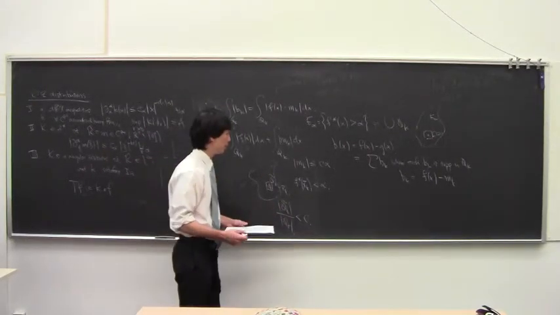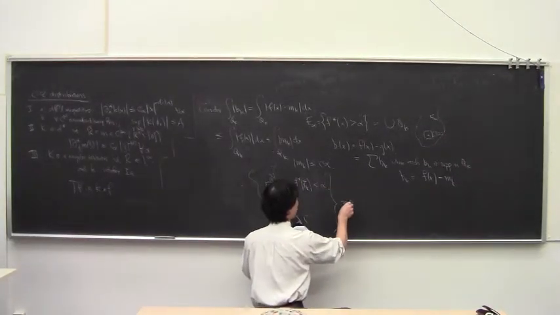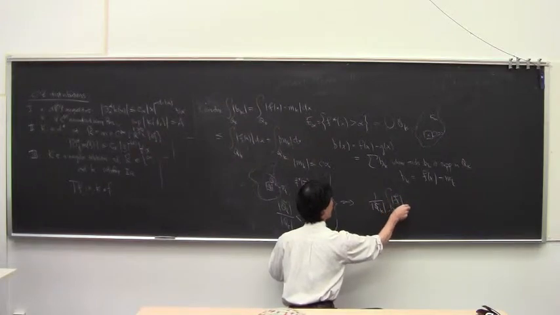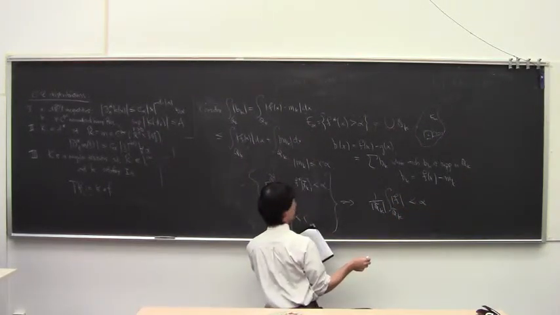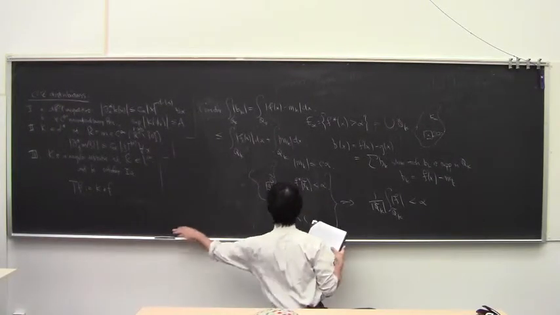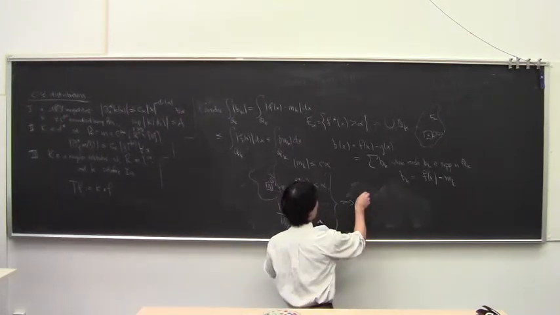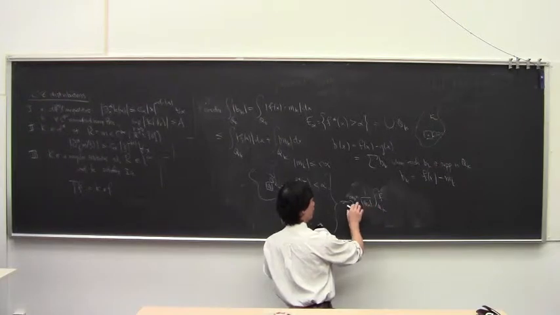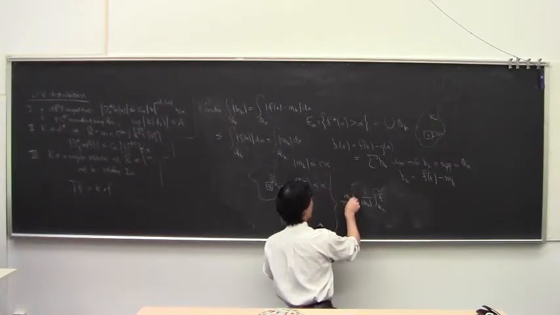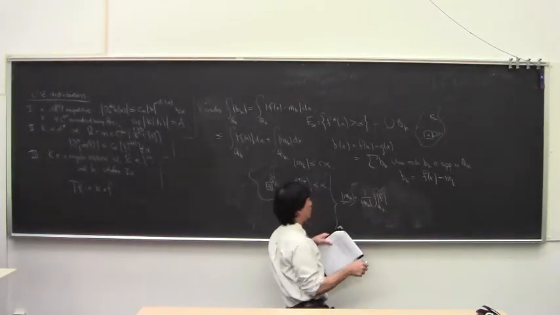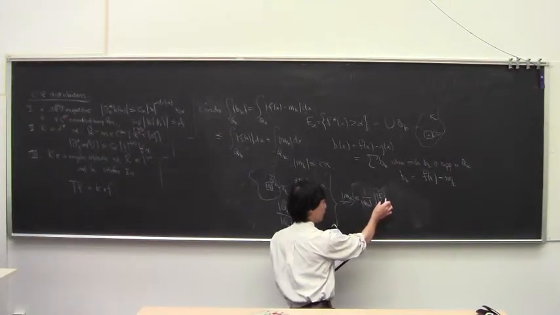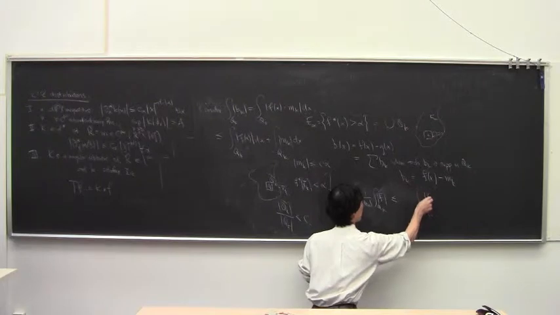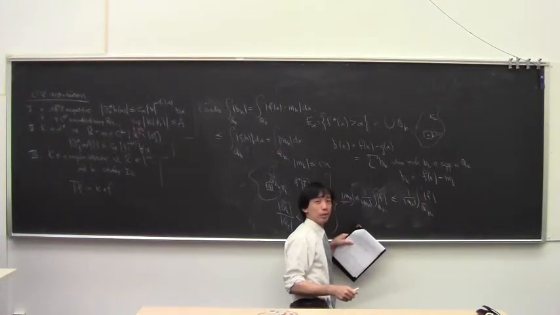So what does that tell us? Putting this together, we know that the average of the absolute value of f over Q_k is controlled by the integral over the larger cube.